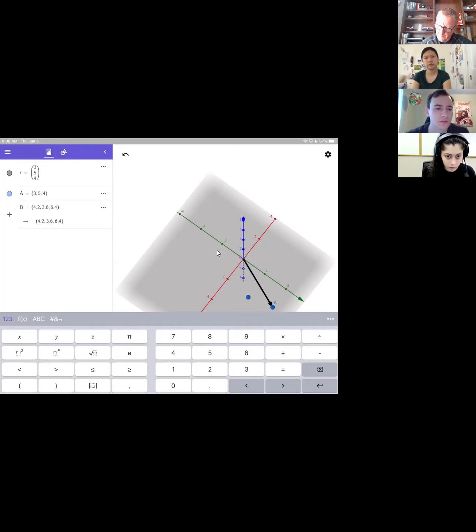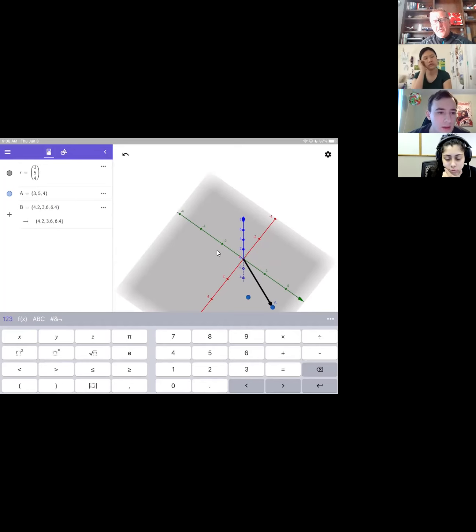I think there's also a way, if you just type in the vector, that you can click on the three dots, and then one of the options I think is to start at a certain point. Let's see. So you're saying I could, and I'm not sure I'd be able to do this because I'm on an app on my phone as opposed to the larger version. But please repeat what you just said.